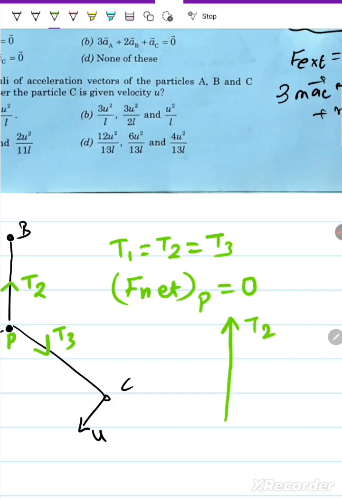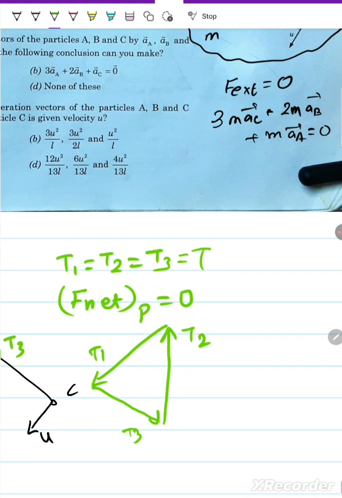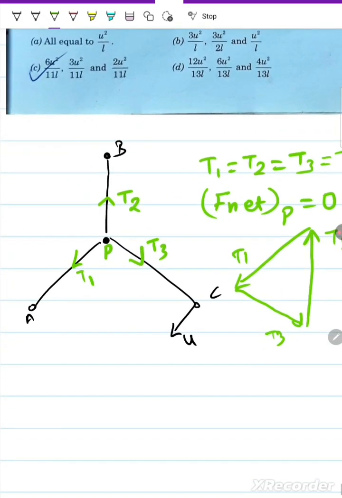This is the T2 vector, this is the T1 vector and this is the T3 vector, and the sum is 0. If T1 is equal to T2 is equal to T3, it makes an equilateral triangle. So I can let T1 equal T2 equal T3 to be T, capital T. Hence, I keep each of them as simply T.